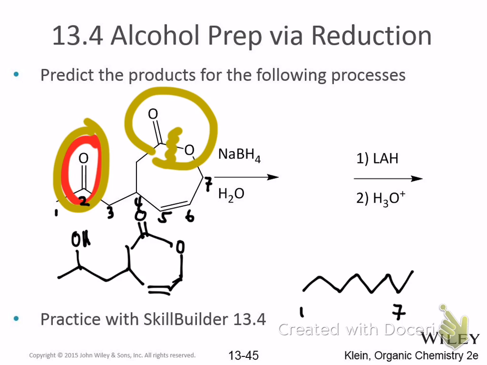So what are the functional groups that I'm going to have? Well, on 2, I'll have an alcohol. On 7, I'll have a primary alcohol. What am I missing? Double bond between 5 and 6, so I'll go 1, 2, 3, 4, 5, 6. There's a double bond there.